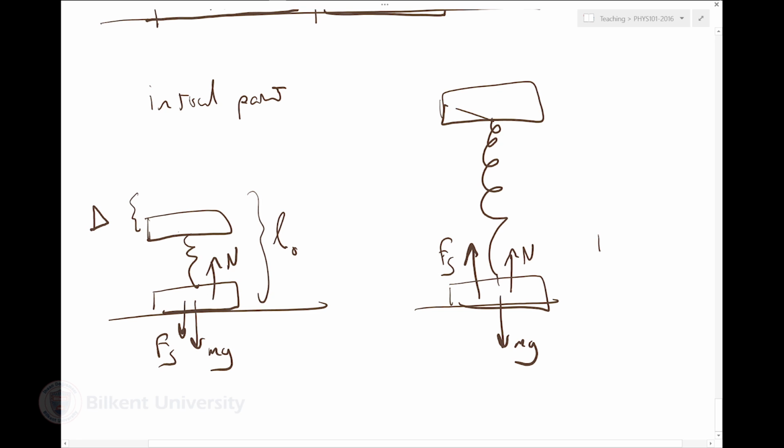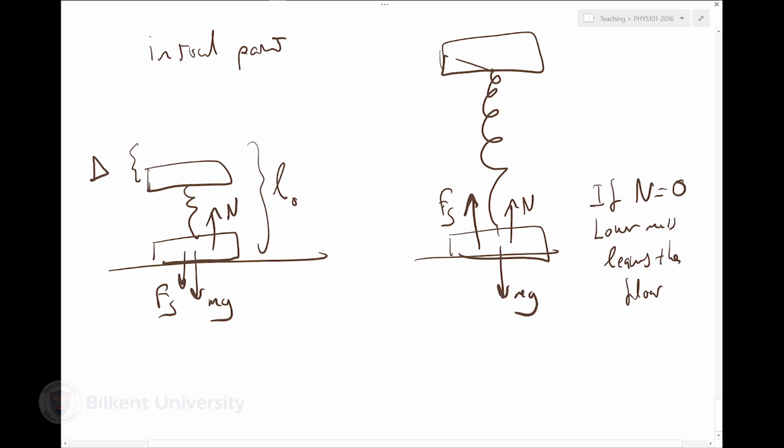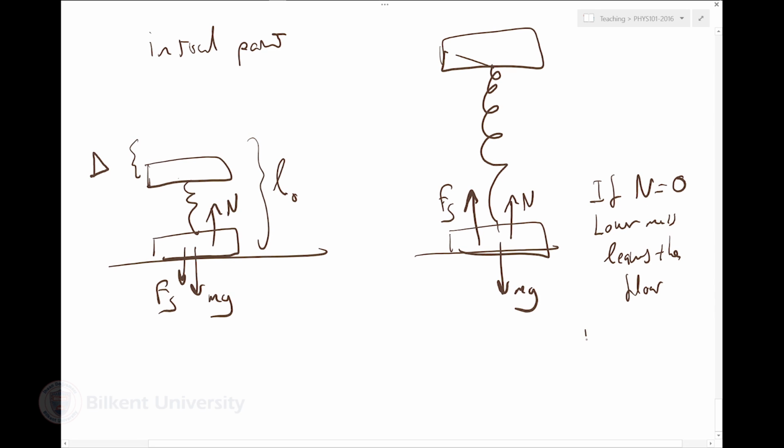So if N is equal to 0, the lower mass leaves the floor. All right? If N is equal to 0, then it means the force of the spring must equal exactly mg.